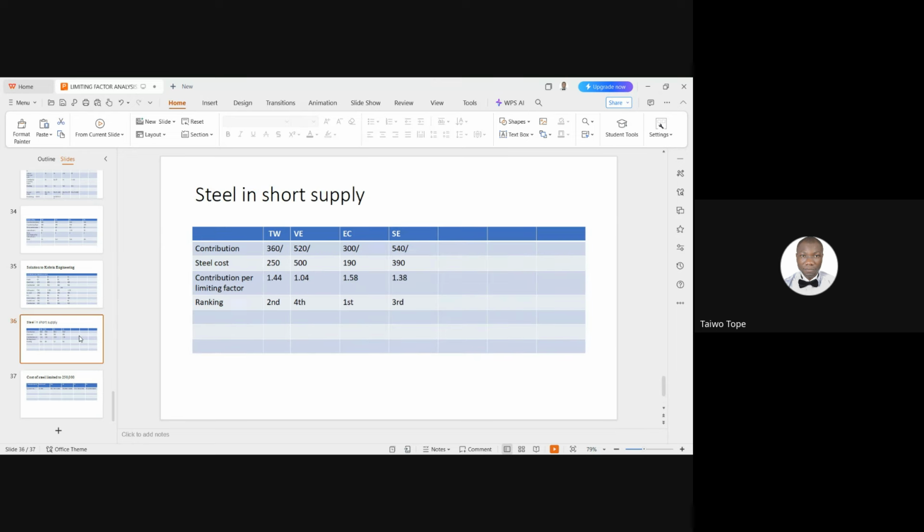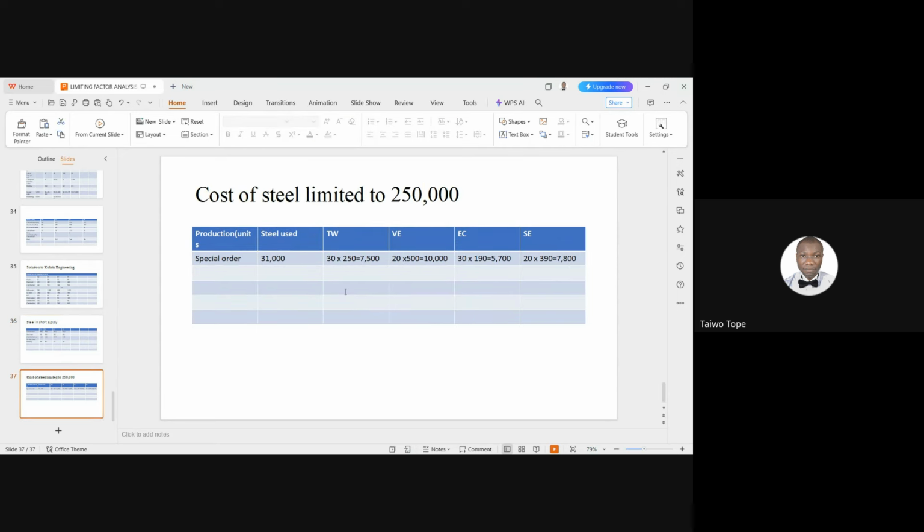Now, since we've treated special order, we'll now come to this. Which product is ranking first? EC. Fine. Now, in relation to EC, 100% of the goods we have to produce for EC is what?